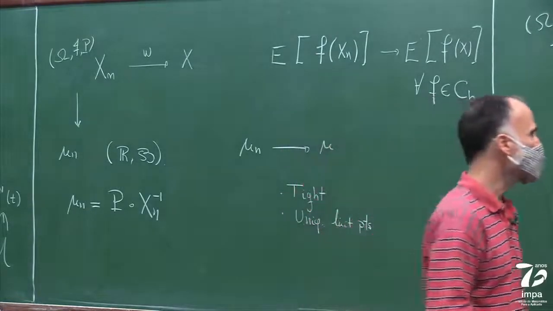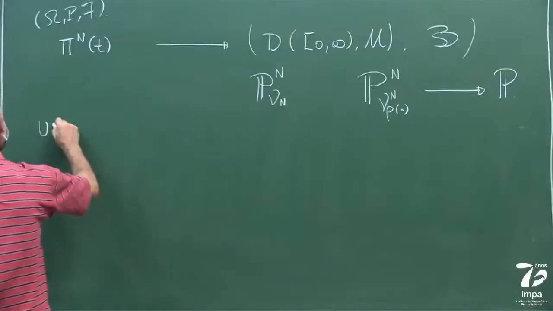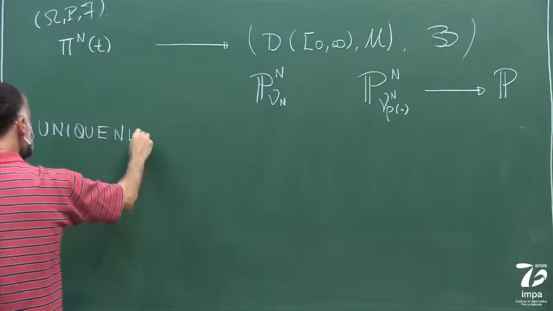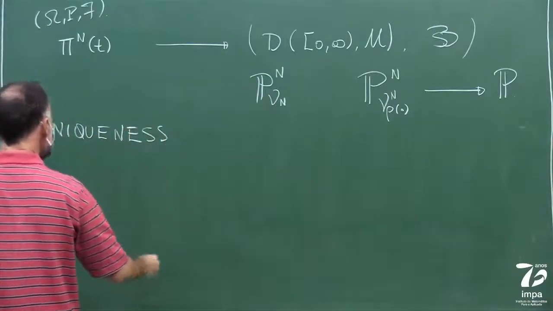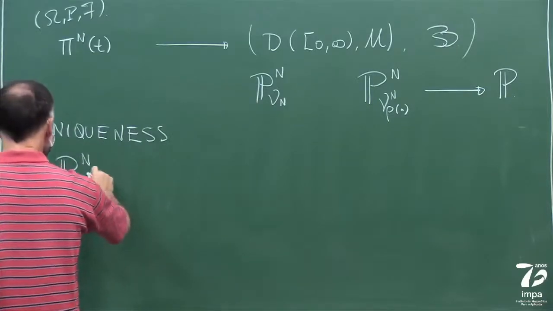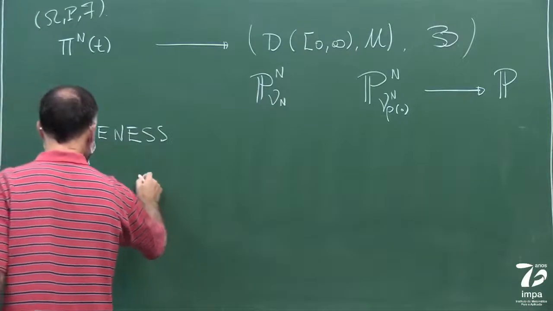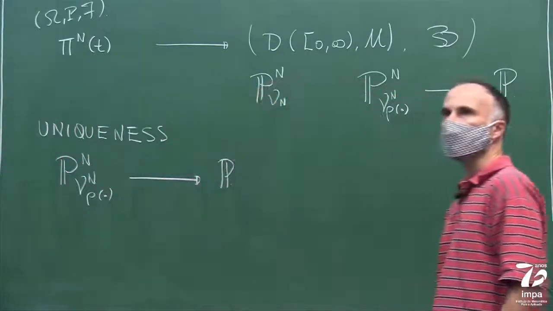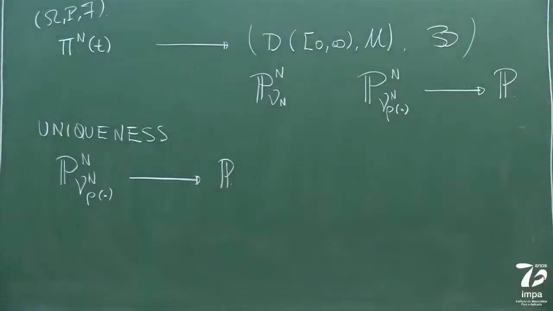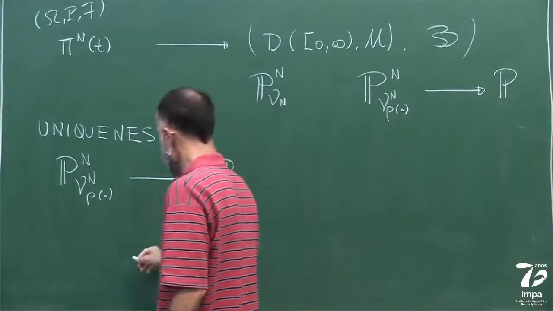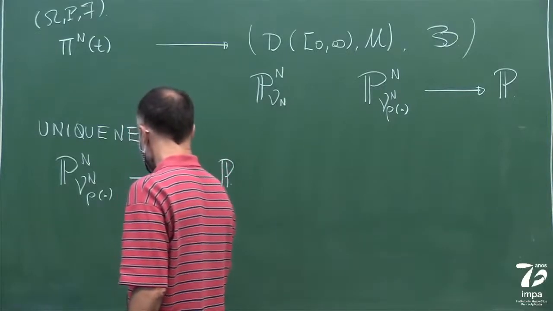So I'll start with uniqueness, which means that I'm assuming that P n, nu n, rho, converges to some P. And I want to show that then P has to be something. And in order to prove that, I will need to introduce martingales.